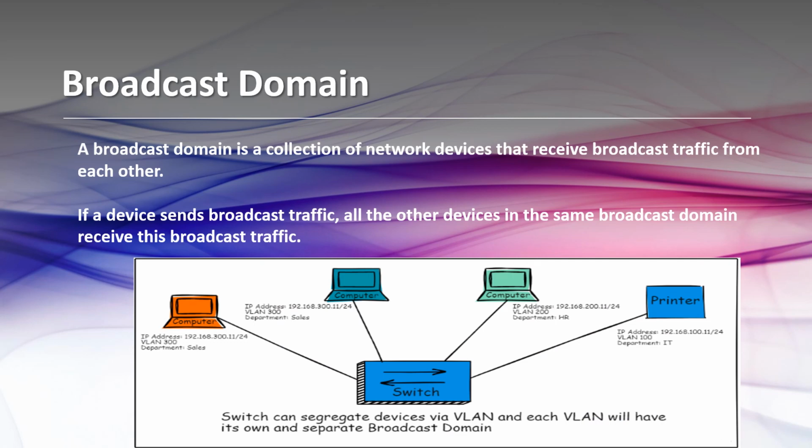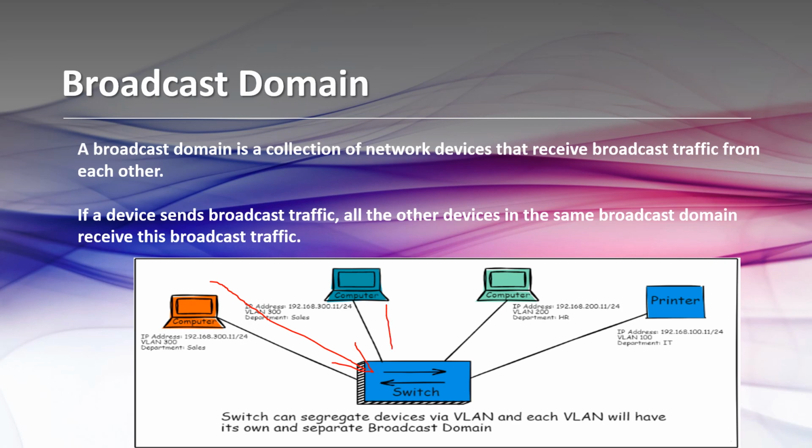Here we can take it as a switch. Each port on the switch belongs to a separate broadcast domain and separate collision domain. So suppose this computer tries to send a broadcast message to other devices on the network. First it should reach the switch, then what does the switch do?